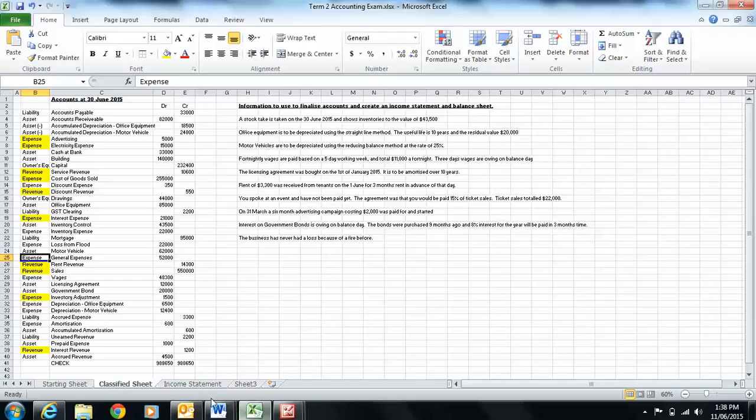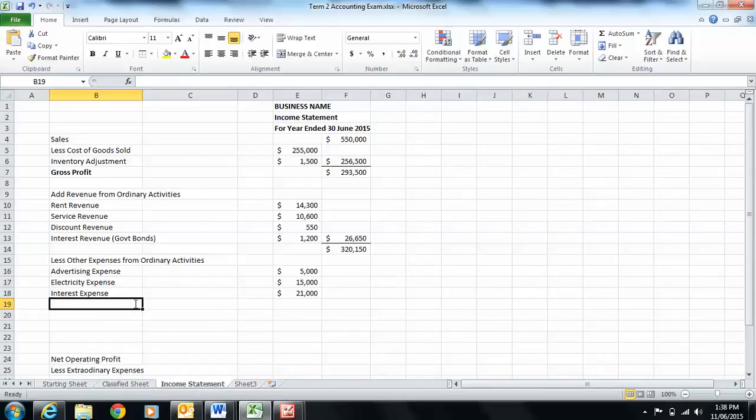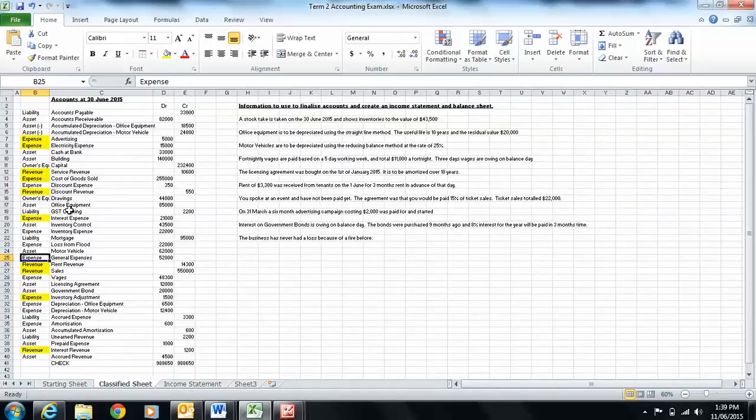General expenses of $52,000. It tells me here that there's some sort of inventory expense of $22,000.